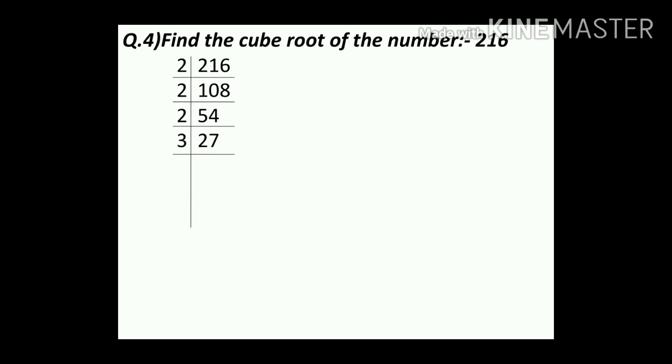So here we get 27. 27 is not divisible by 2 because in the unit place which number is there, children? 7. So it is not divisible by 2. It is divisible by 3. So when we divide 27 by 3 we get, children, 9.